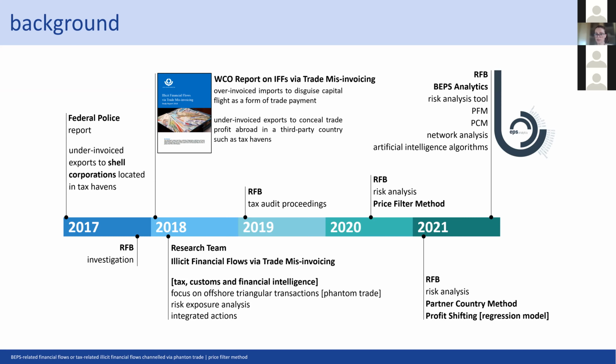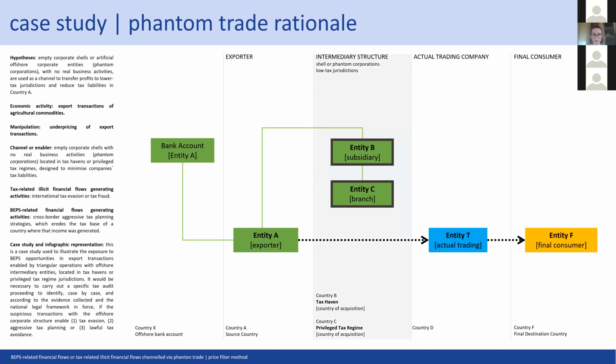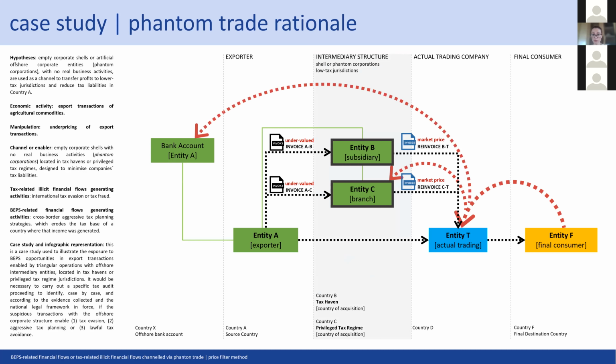Well, our risk analysis approach was based on audited cases such as this one, which illustrates how phantom corporations or empty corporate shells with no real economic substance or activity likely have been used as reinvoicing centers in order to divert the payments or financial flows of trade transactions to low tax jurisdictions. It is important to notice that in triangular or indirect export transactions like this one, the country of acquisition, which in this case is a tax haven or a privileged tax regime, is different from the country of destination.